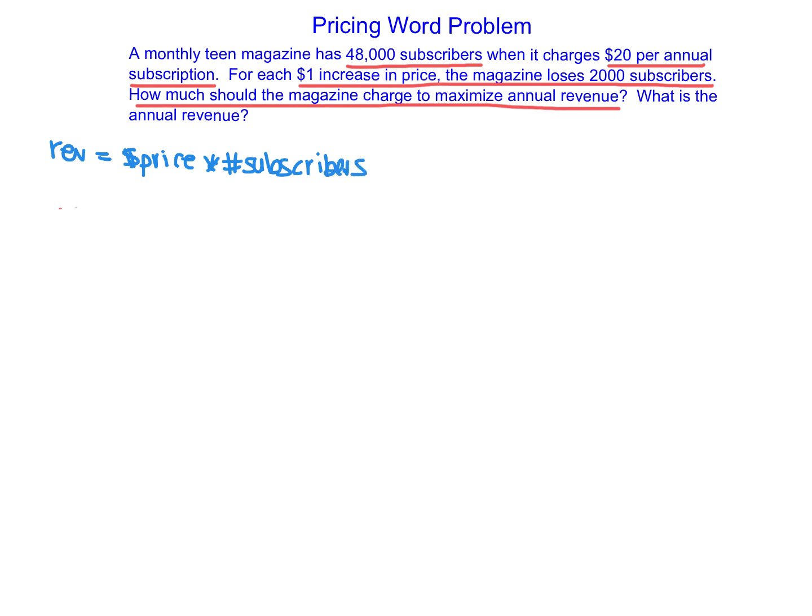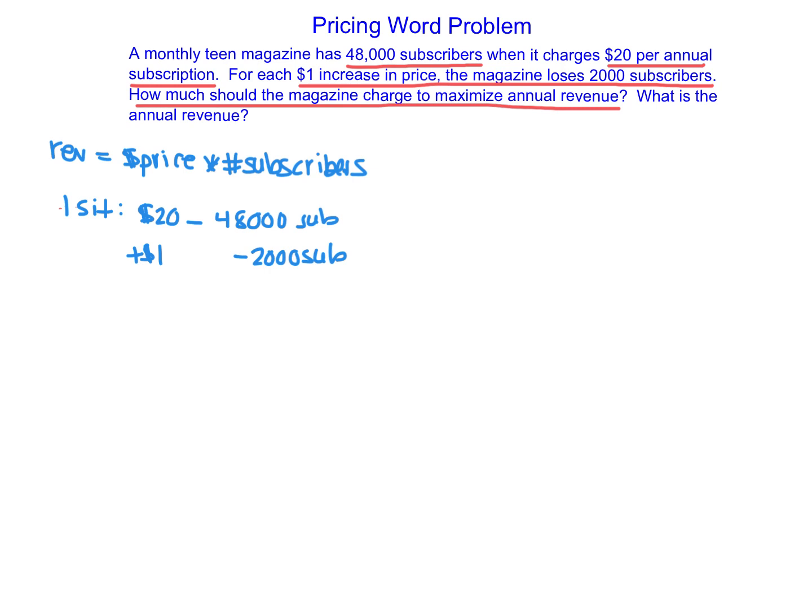So what we know here is that we charge $20 for our magazine and we end up with 48,000 subscribers. And what we also know is that for every $1 we add, we are going to lose 2,000 subscribers.